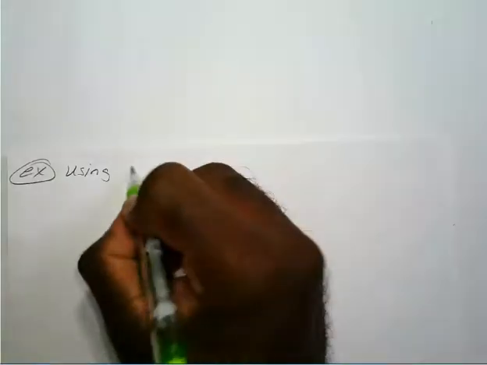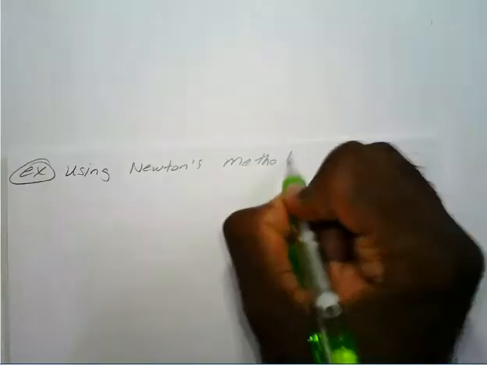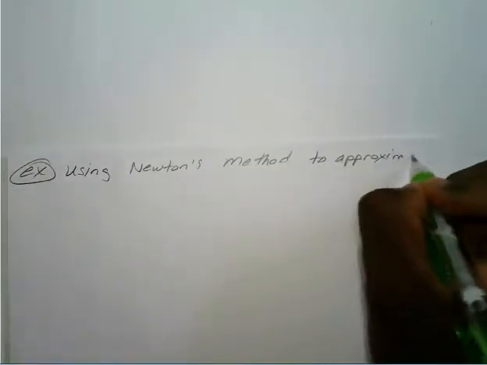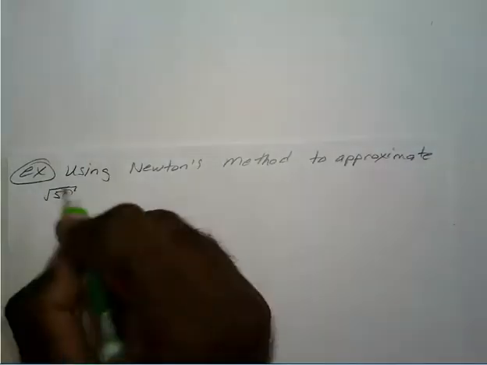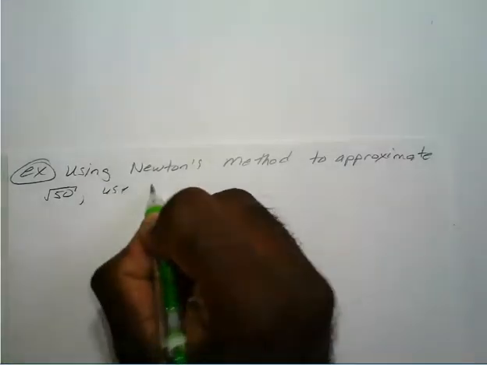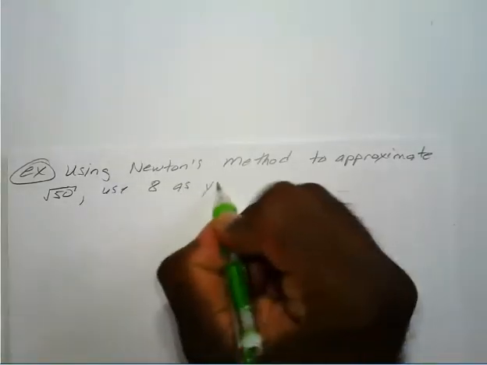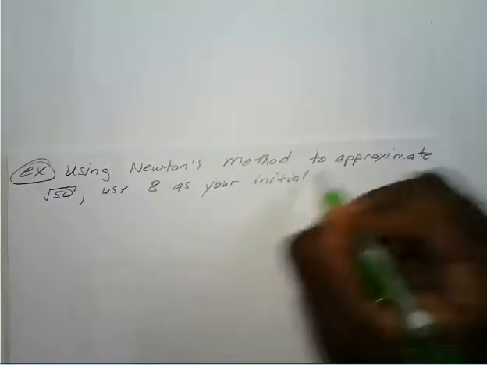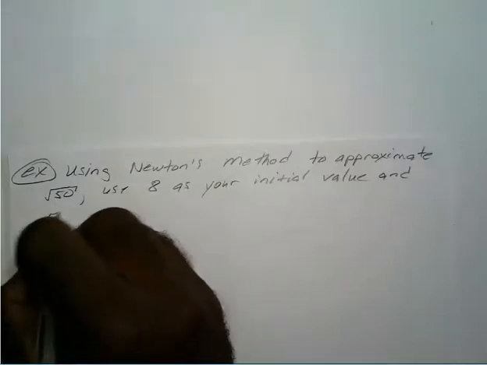Say using Newton's method to approximate the square root of 50, use 8 as your initial value and round to the nearest hundredth.